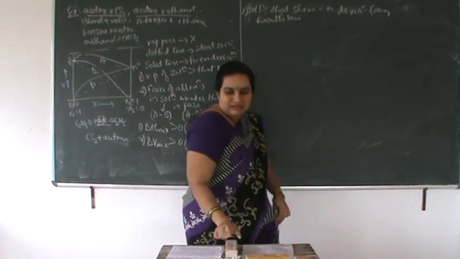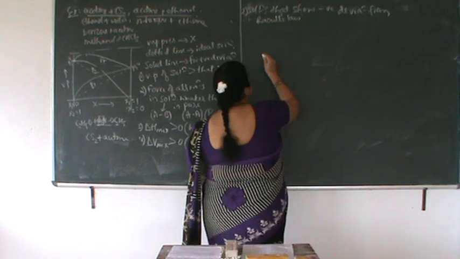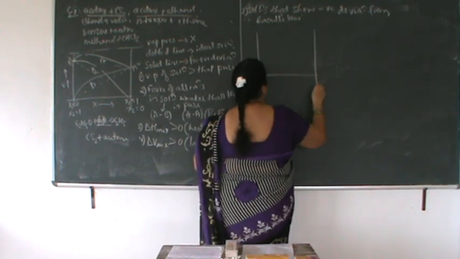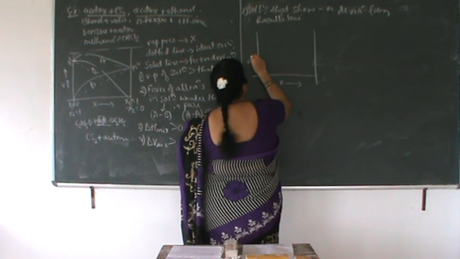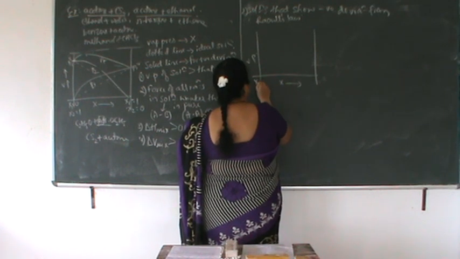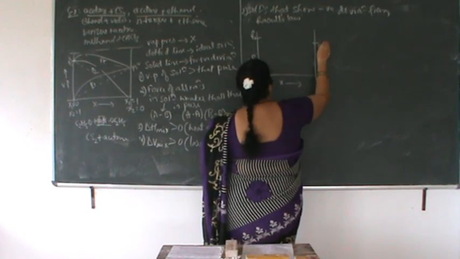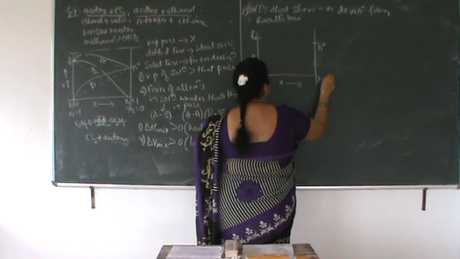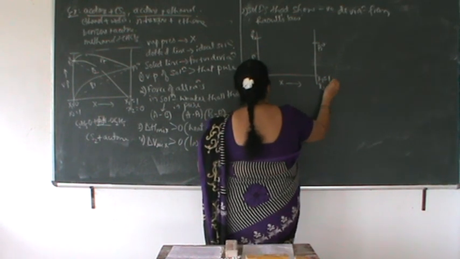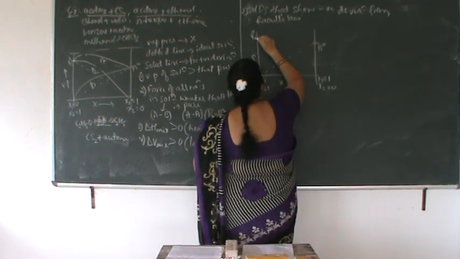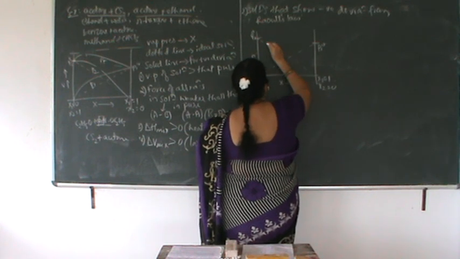For this I will draw the same type of diagram. I will draw mole fraction versus vapor pressure. So x1 is equal to 0, x2 is equal to 1, P2 naught, P1 naught, and x1 is equal to 1, x2 is equal to 0. Here I will draw the same diagram.